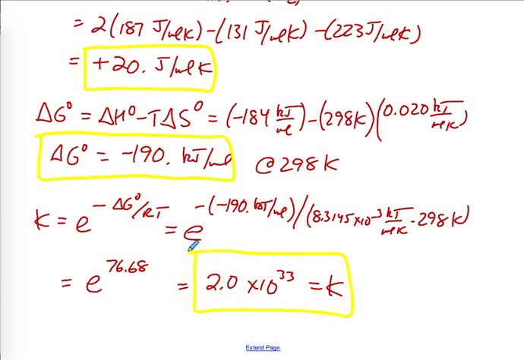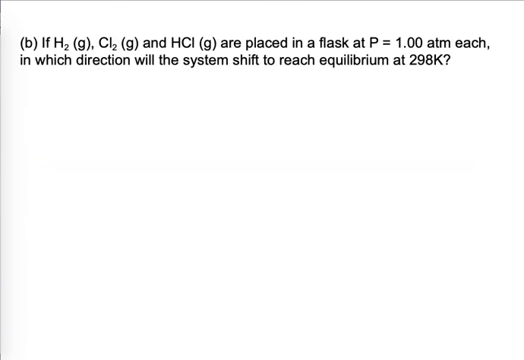Now, let's ask the question: if I place the three components of this system in a flask at a pressure of 1 atmosphere each, in which direction will the system shift to reach equilibrium at 298 Kelvin? There are two ways to answer this question, and either one works. Pick the one that's easier.